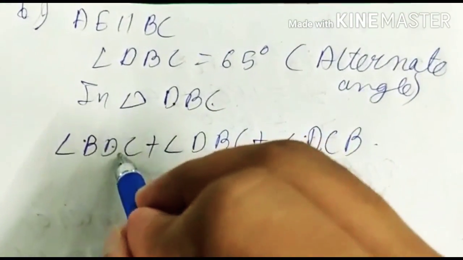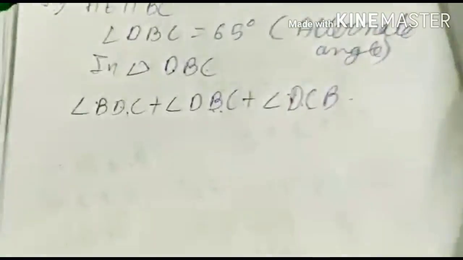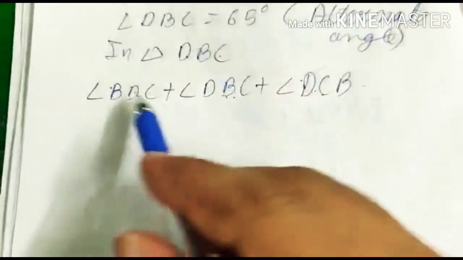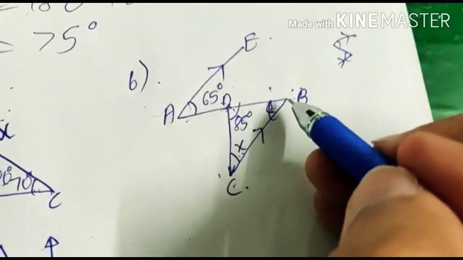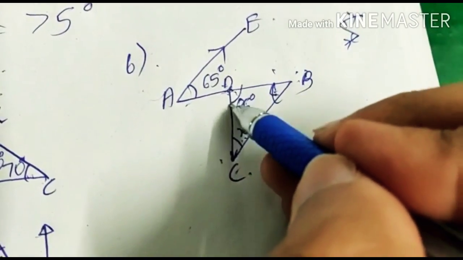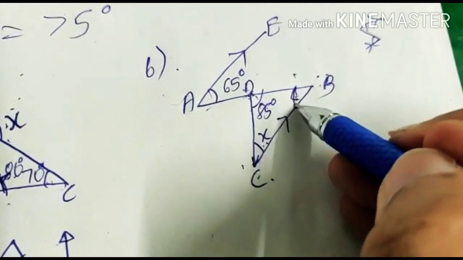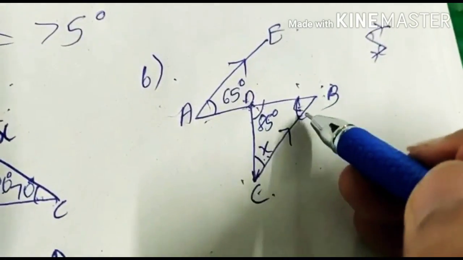This means angle D plus angle B plus angle C. The point that comes in between is the actual angle we are taking. So angle BDC, D is the angle. Angle DBC means B is the angle. In DBC, B is coming in between, so B is the actual angle.